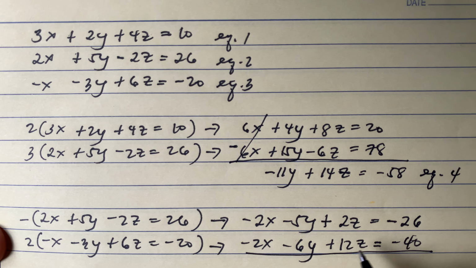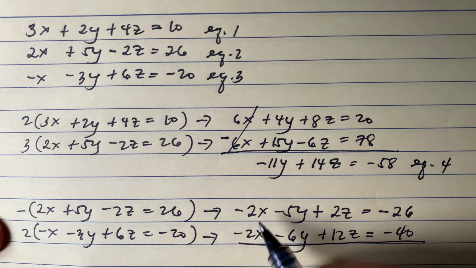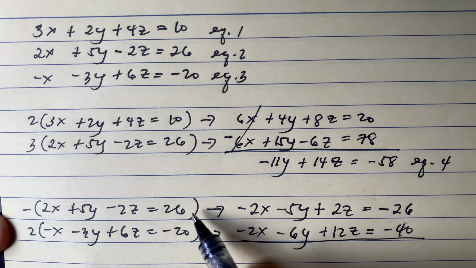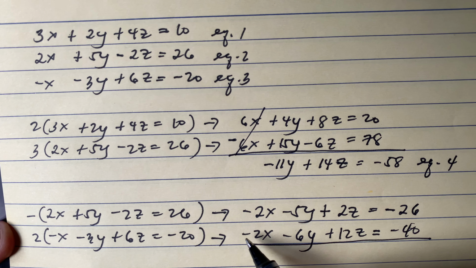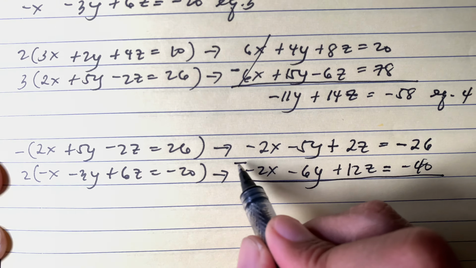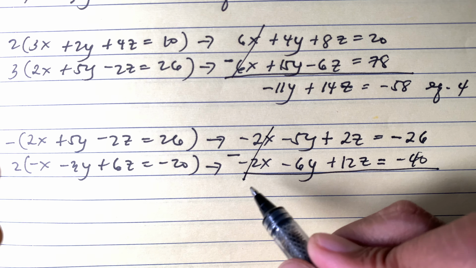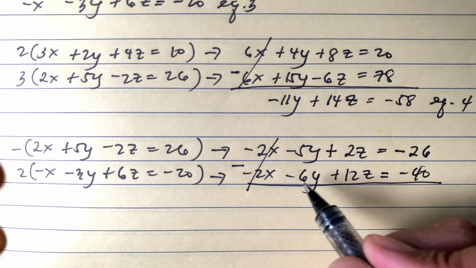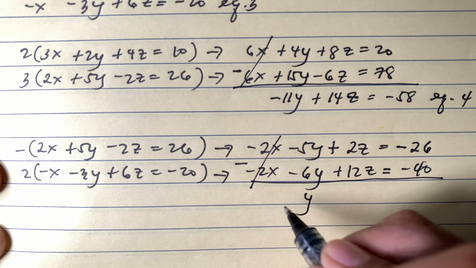Okay, now let us combine. To eliminate the value of x in our transformed equations of 2 and 3, we are going to use the operation subtraction. Okay, so we will subtract negative 2x minus negative 2x, that will be cancelled because that will be equal to 0. Then negative 5y minus negative 6y, that will be equal to y.